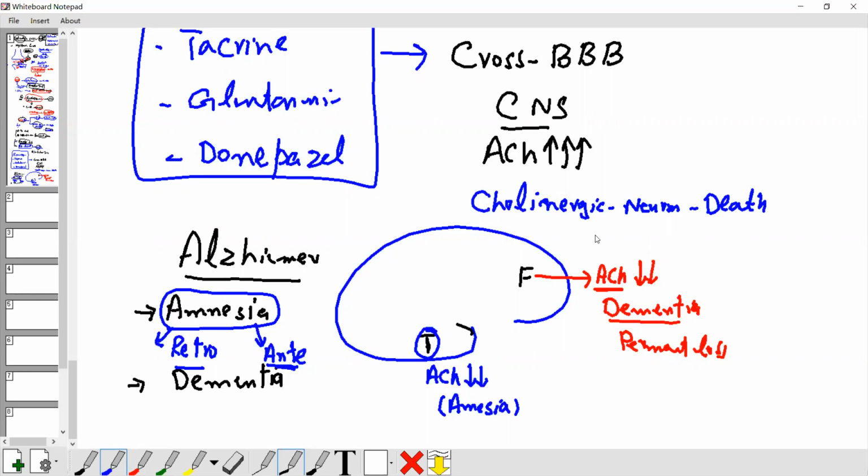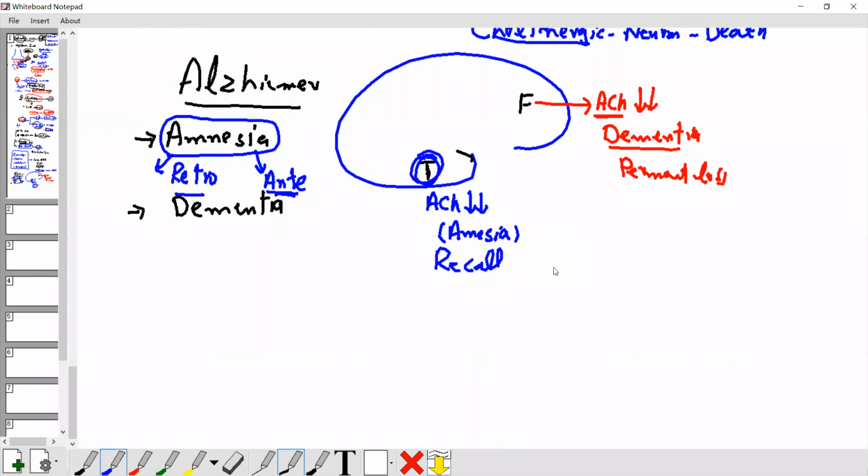So inside the brain, cholinergic neurons die. If they die inside the temporal lobe, there is a problem recalling something and a problem learning new memory. It is known as amnesia. If the neurons die in the frontal brain, then permanent loss of memory is dementia.